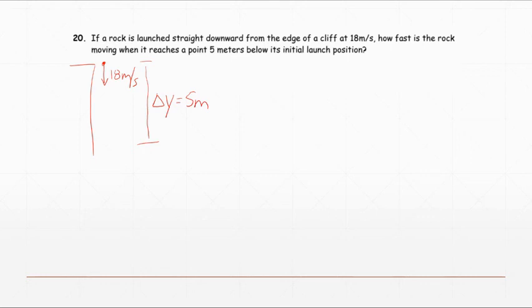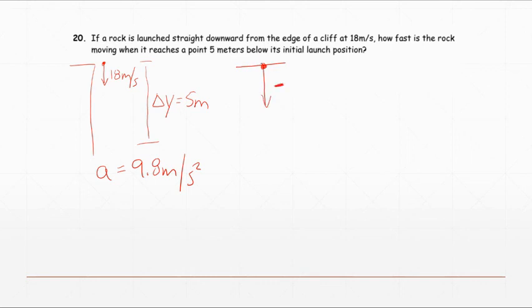I have talked to you already about switching my axes. In this case, I'm going to do that because everything is directed down, and if I set everything with negative numbers, I tend to lose my values.